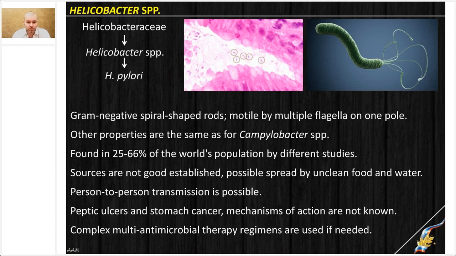The mechanism of action of that bacteria as well is not clearly understood, but it looks like the bacteria, due to its unique spiral shape, can move like a corkscrew drive, and it can invade the epithelium of our stomach.